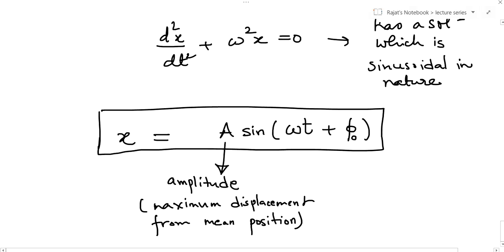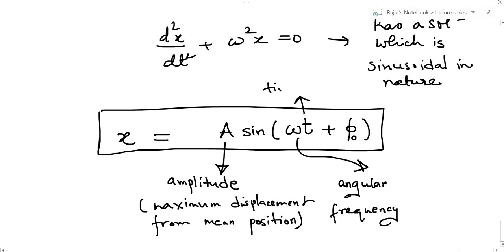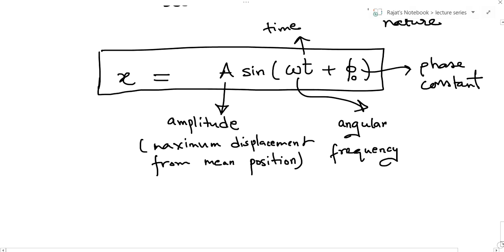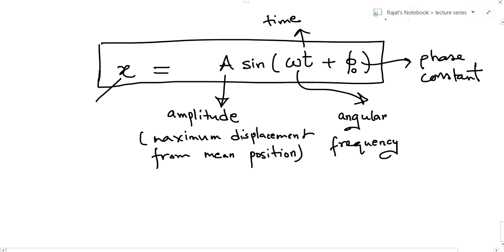This omega represents angular frequency. t is the time, and phi naught is the phase constant. This is the position x as a function of time.